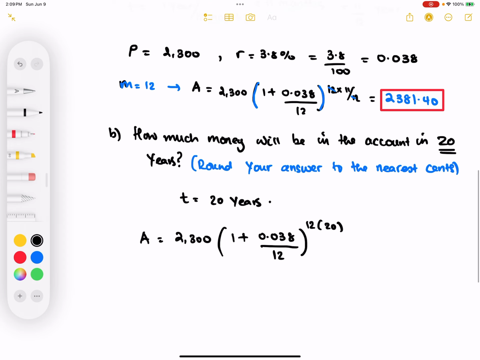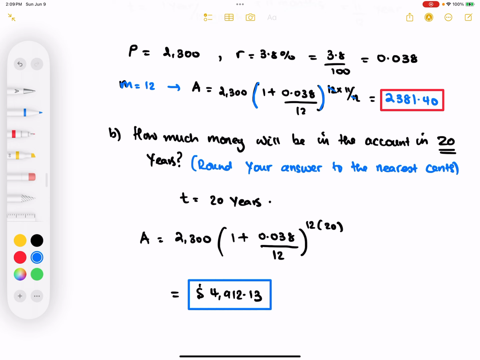When you calculate this one, be careful when you plug it into your calculator and avoid any intermediate approximation. So this becomes 4,912.13. So this is for the second one.